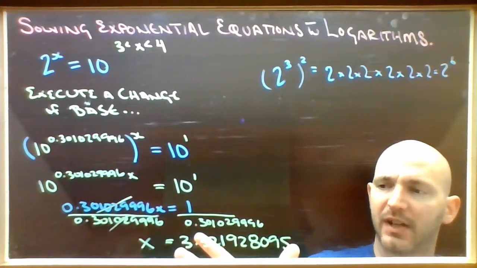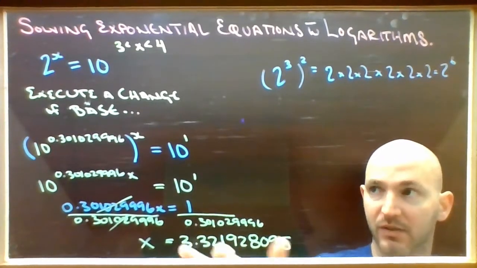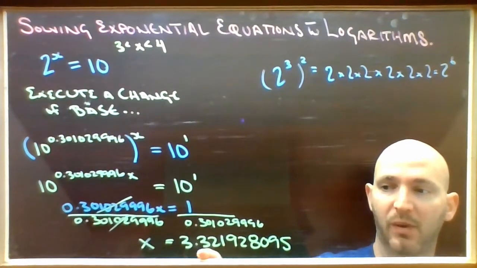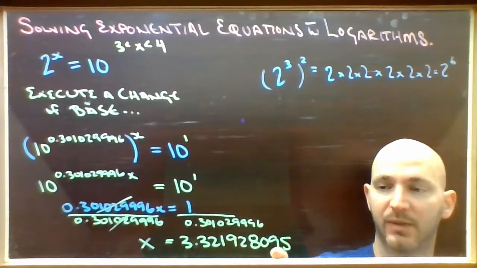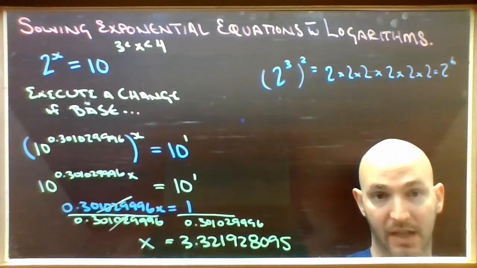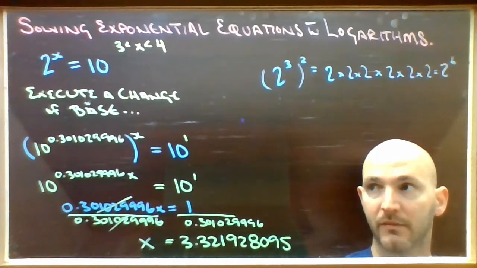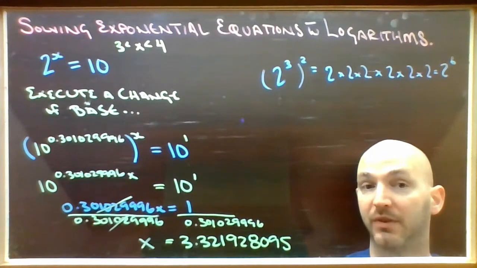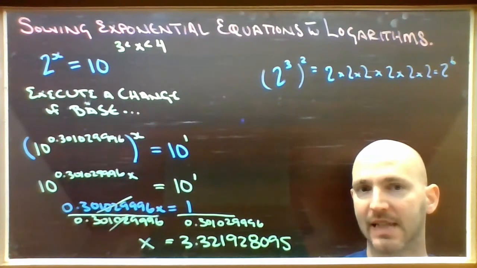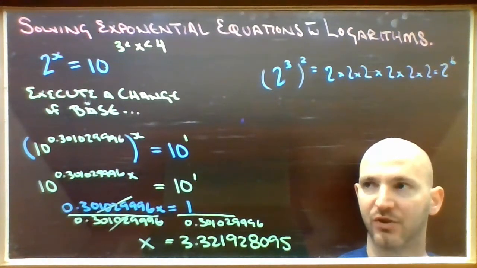So what I've just figured out here is that 2 to the exponent 3.321928095 equals 10. Now you've never been able to do that before, to get an exact answer. You would have always had to guess and check.